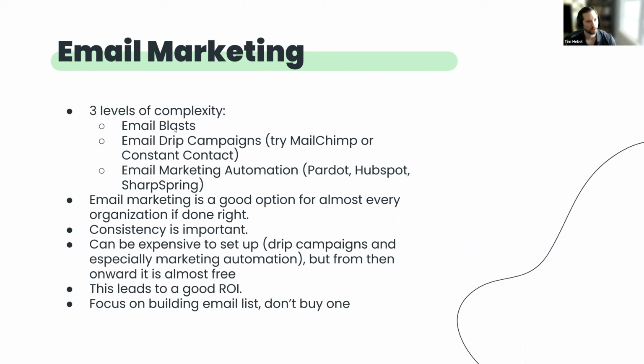Email drip campaigns are a slightly more complicated version of that, and both MailChimp and Constant Contact support this. But what a drip campaign is, not only do you send your, let's say, quarterly blasts, but the drip campaign is a pre-built cadence of emails that go out on a certain schedule, to different people at different times. So if I join your email list today, maybe it automatically sends me a thank you for signing up email within 12 hours.